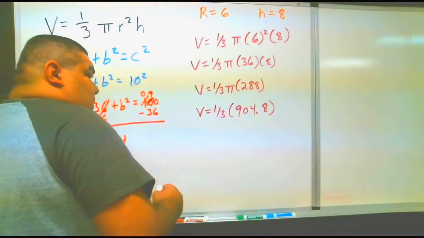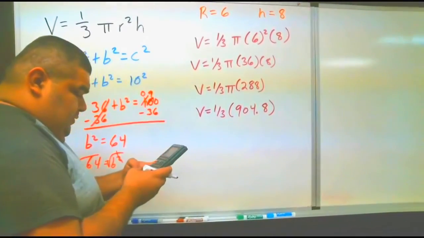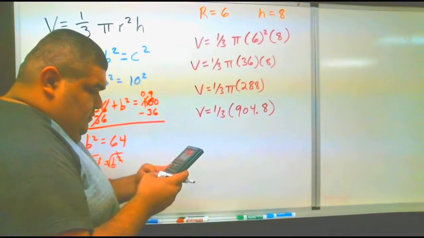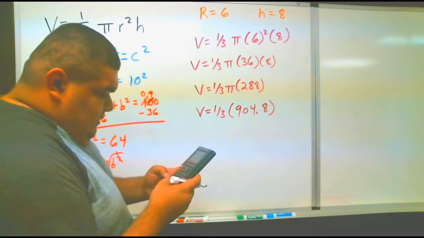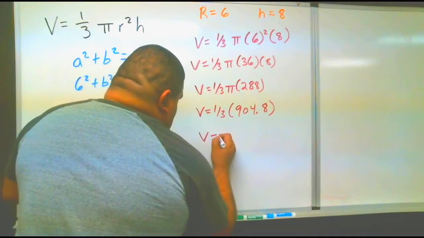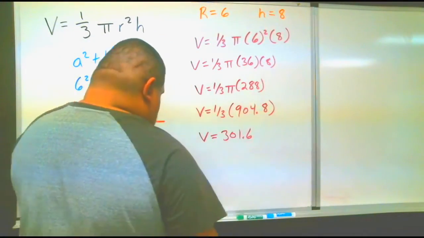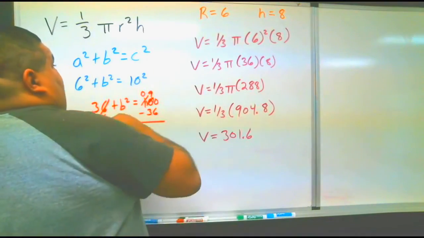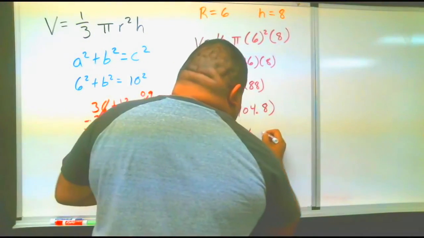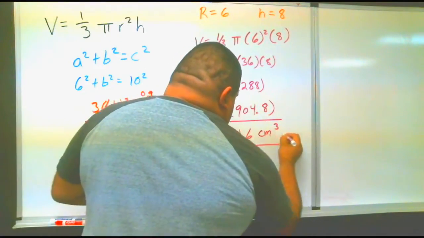And then we divide by 3 to get our final answer. 904.8 divided by 3, which is the volume, equals 301.6. Since we're dealing with centimeters again and we're dealing with volume, it's cubed.